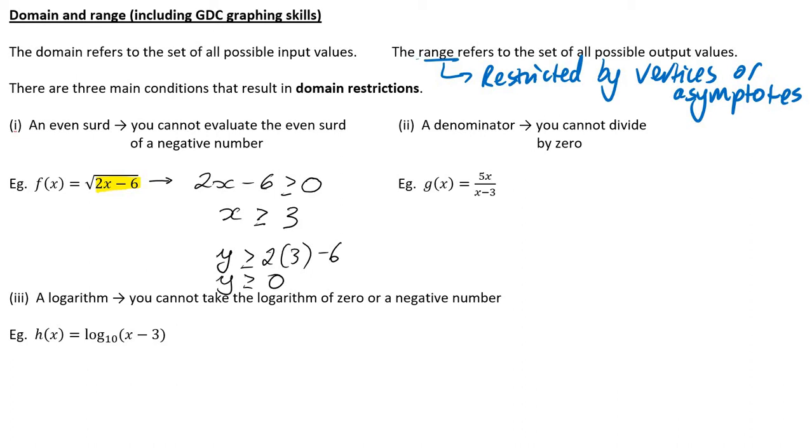If this were a negative function, then that would change to less than or equal to. So hopefully you're starting to see that range restrictions can be a bit more complicated, and you need to think a bit more logically about the function. But the range restriction, because this is a positive function, would be greater than or equal to 0.